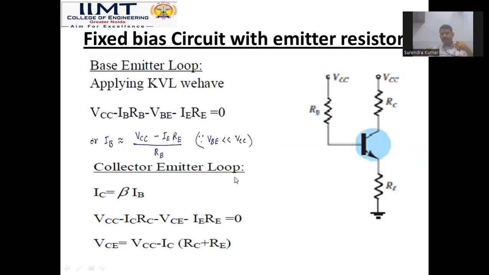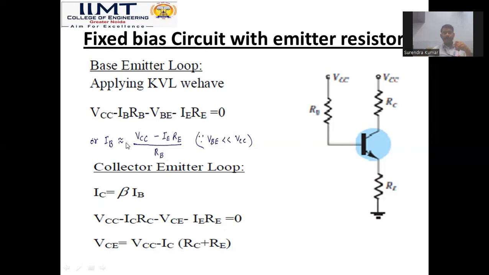Now apply the output loop equation, which is VCC minus ICRC minus VCE minus IERE. Again, it can be written for VCE, which is equal to VCC minus IC (RC plus RE).